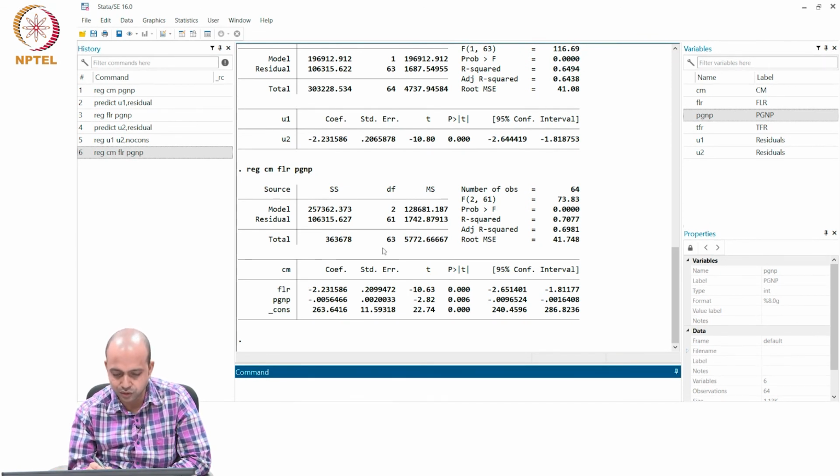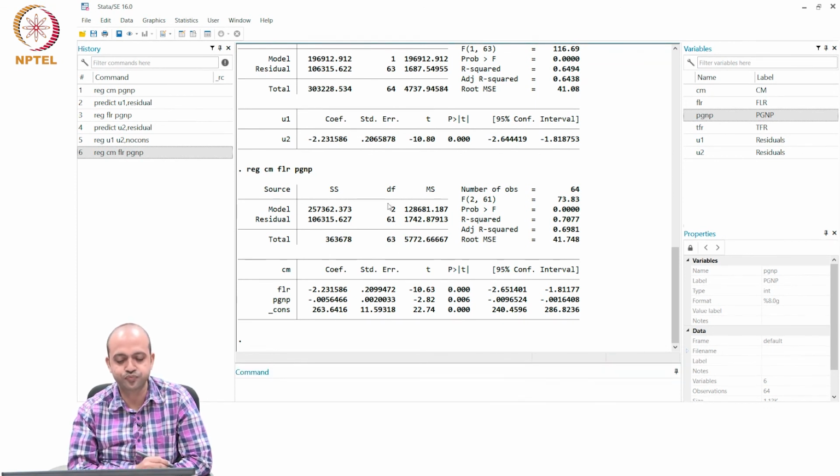And if you take 63 minus 61, it equals 2. Is this clear? k equals 3 here, because we are going to estimate 3 parameters, 2 regression coefficients and 1 constant term. That is why the RSS degrees of freedom is n minus k, where 64 minus 3 equals 61, and then 63 minus 61 equals 2.